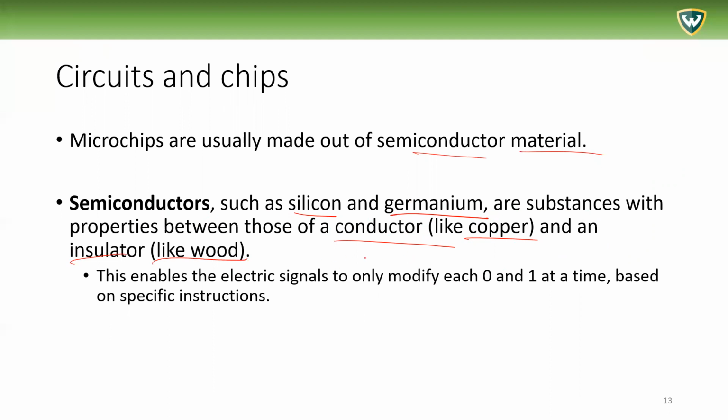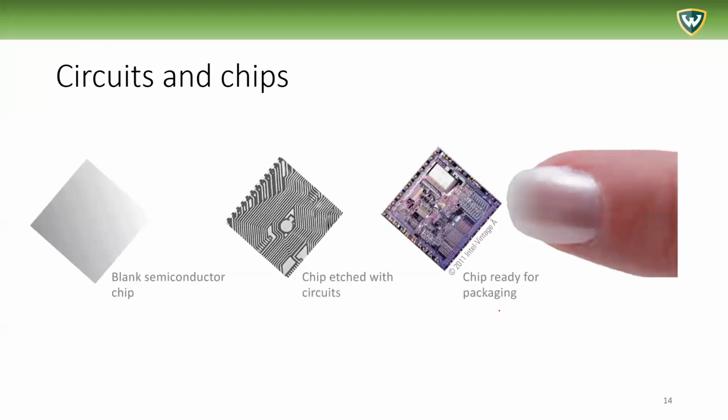This enables the electric signals to be coordinated and manipulated to precisely modify just zeros and ones as it needs to, to create the computer operations and functions, like to add and subtract and move around data.